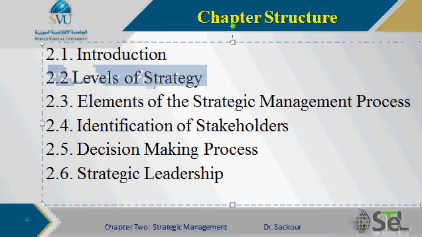So we have network level, corporate level, functional level, and business unit level. 4 main levels. In terms of elements of a strategic management process, or stages or phases of strategic management process, we said that we have 5 main stages.